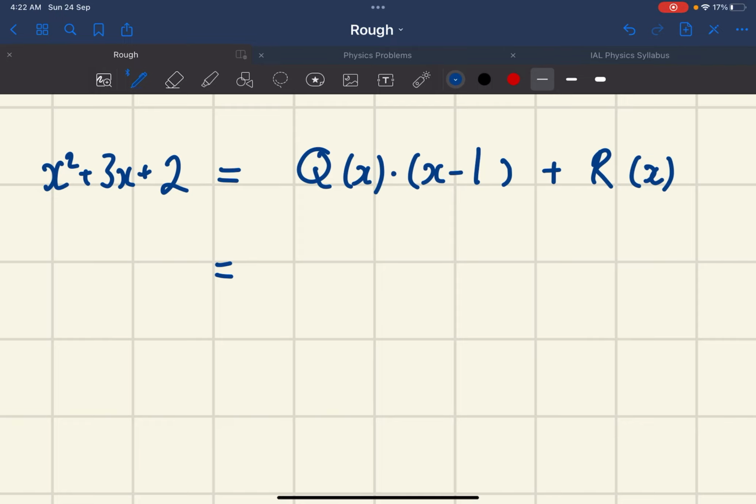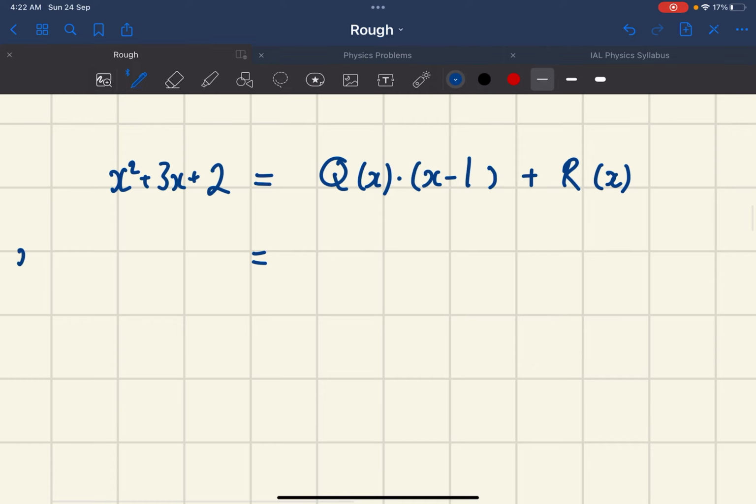Substitute x equals 1. Because both sides must be the same x expression, you substitute x equals 1, both sides must still be the same. So x squared plus 3x plus 2, 1 squared is 1, plus 3, plus 2, this becomes 6.